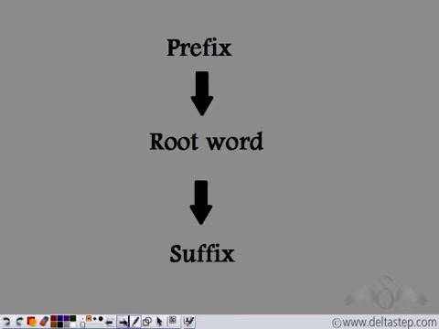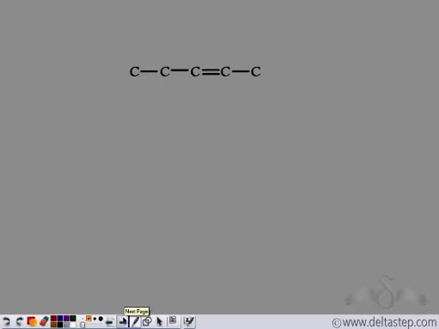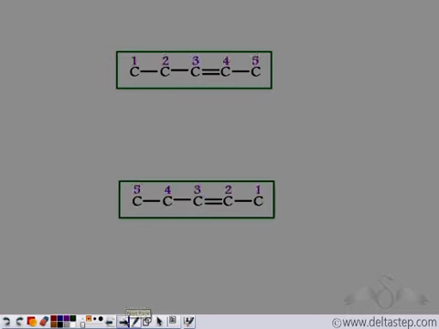Let's take another example. We are given this organic compound. The first step is to find the longest carbon chain containing the functional group. In this case, the double bond is the functional group. So we include the double bond in the longest carbon chain. Now we can start the numbering either from left or from right.